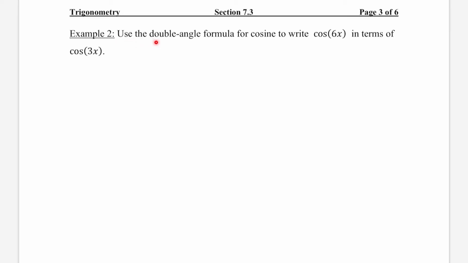Example 2. Use the double angle formula for cosine to write cosine of 6x in terms of cosine of 3x. They gave me cosine of 6x, and they say they don't like this angle. They want me to turn the 6x into cosine of 3x. Lucky that 6x is equal to 3x times 2, so I will start with that.